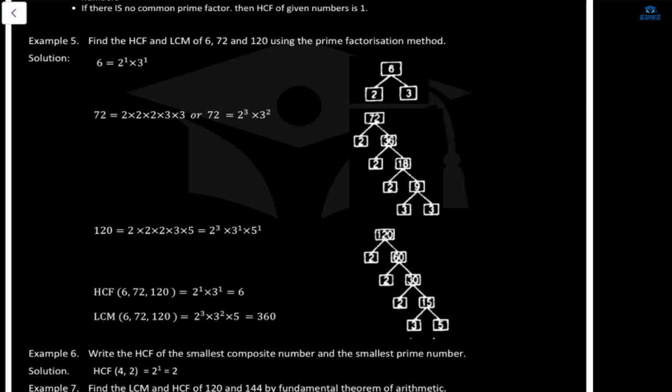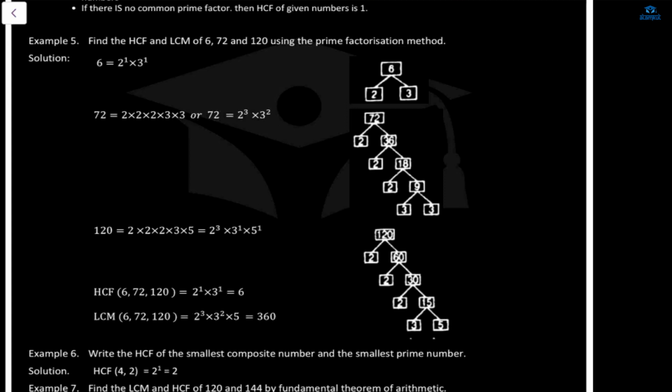If you are taking HCF, the highest common factor, you just have to take the common factors. Among all three, 6, 72, and 120, you have the factors 2 and 3 in all, but only to the power 1, because 2 and 3 are the only factors of 6. So the HCF will be 2 into 3, that is 6.